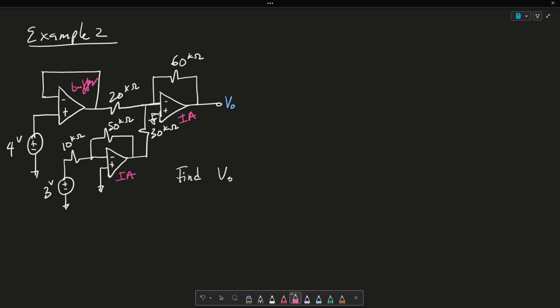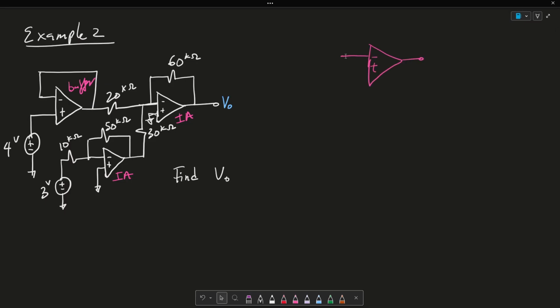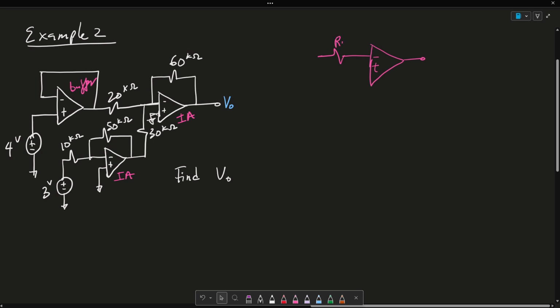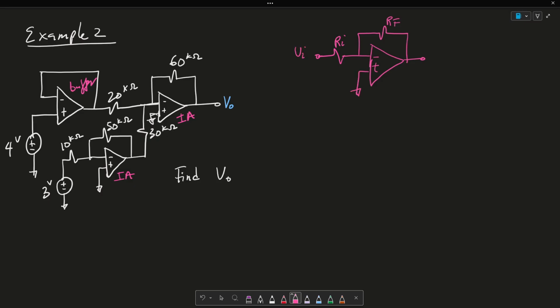Okay, so what I'm going to do is solve again for the inverting amplifier just as a refresher. But again, I have a video on this. So if I have an input resistance, a feedback resistance, this is V in, and this is connected to ground.